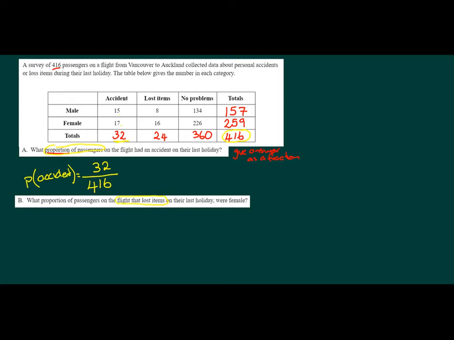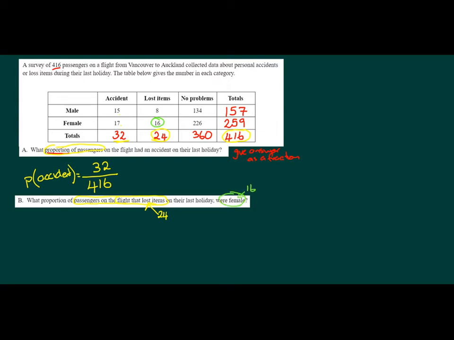So what proportion of passengers on the flight, so that's all of this, that lost items? How many passengers on the flight lost items? Well, 24 of them did. How many of them were female? Well, 16 of them were female.